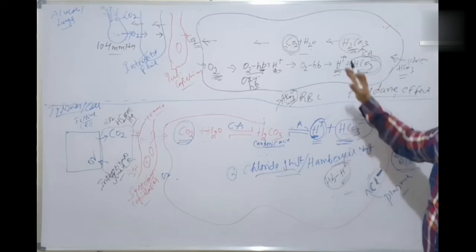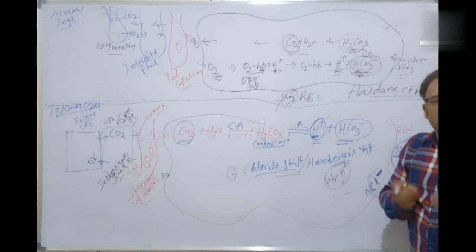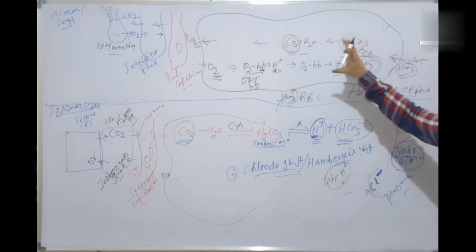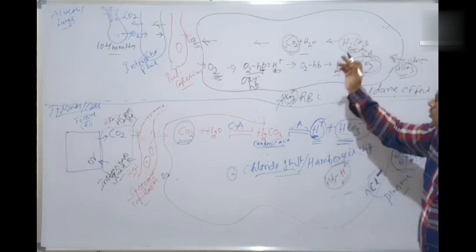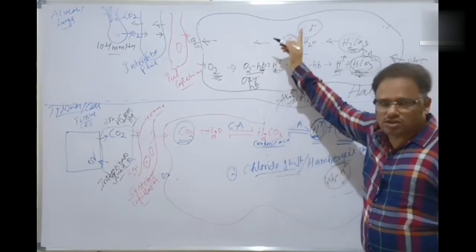When the bicarbonate ions are lost, what happens? The RBC electrolyte balance is disturbed, the ionic equilibrium is disturbed. As a result, some of the bicarbonate ions present in the plasma are re-entering the RBCs. But what is present inside? The chloride ions are also there.